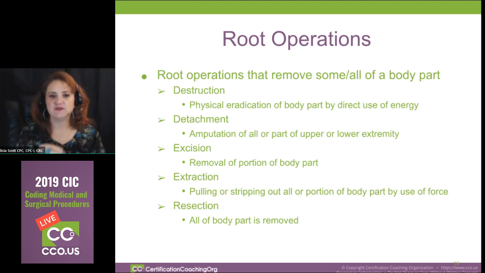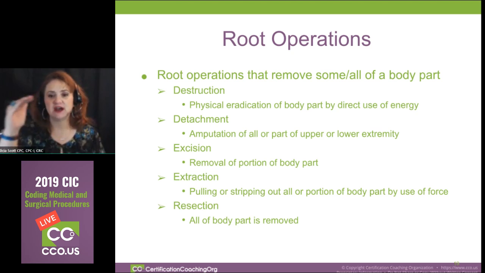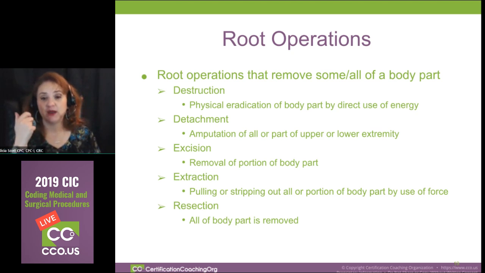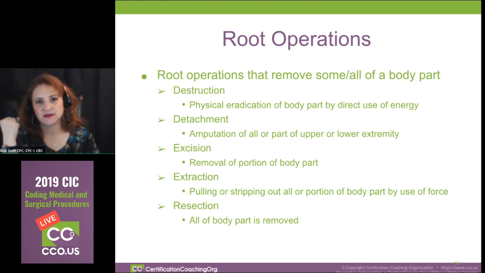If you don't understand that, then you're going to slip up. So whenever a detachment is used as a root operation, the definition means we're taking all or a part, but it has to be exclusive to the upper and lower extremity. If I amputate the thumb, is that a detachment? Yes, because your arm is part of the upper extremity.